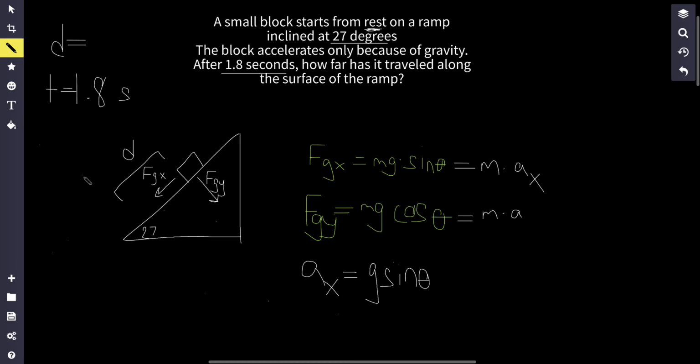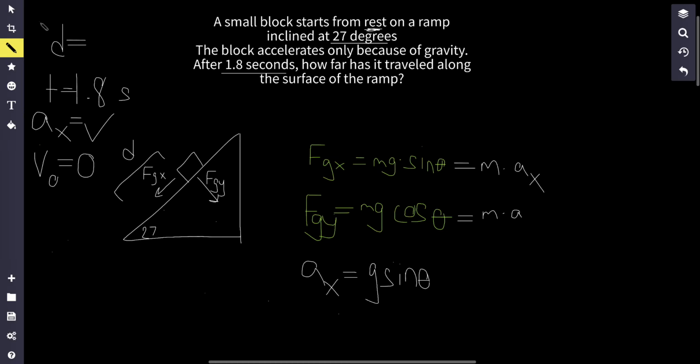When I'm seeing this type of problem, I also know that I can calculate the acceleration from the new formula we just learned. So we have the potential to find the acceleration. What formula links together acceleration, time, distance, and also initial velocity? Because we start out at rest, our initial velocity is 0.